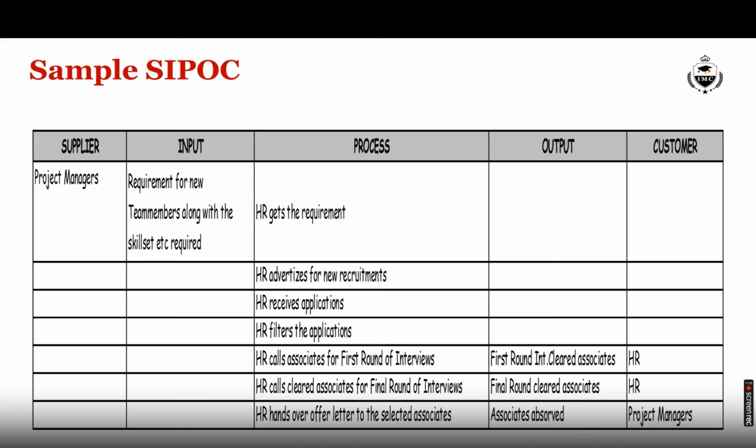HR advertises for new recruitments. HR receives applications. HR filters the applications. HR calls associates for first round of interviews. HR calls cleared associates for final round of interviews. HR hands over offer letter to the selected associates. And eventually, from the last process, associates are absorbed in the organization and handed over to the project managers.